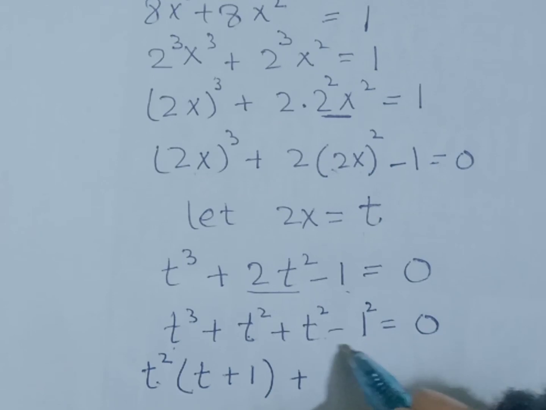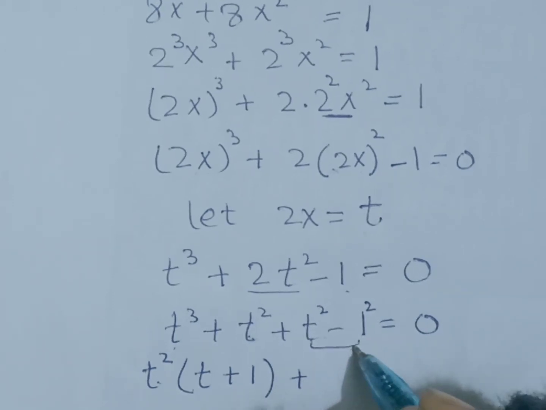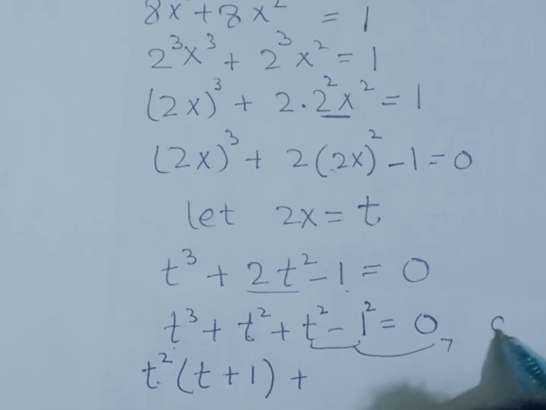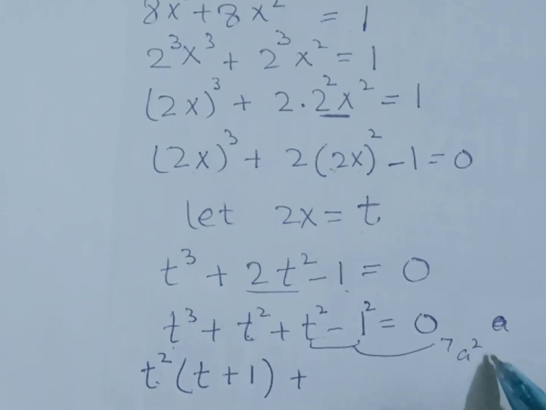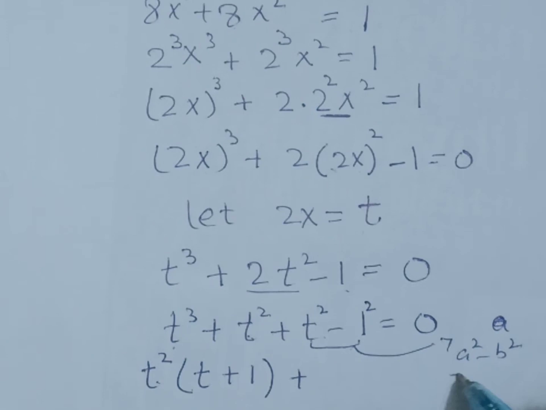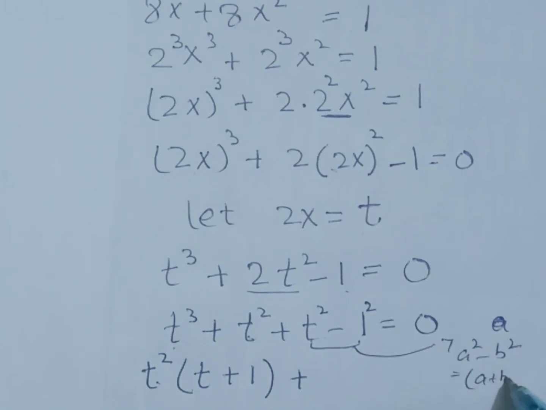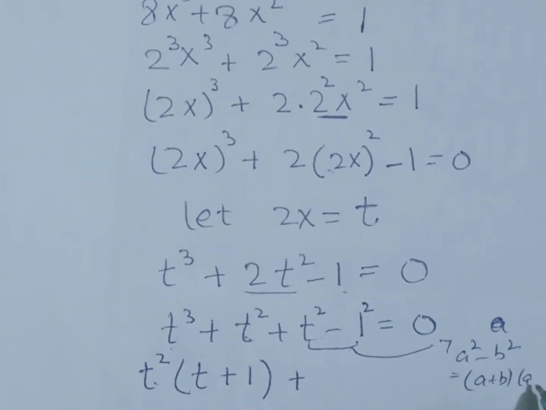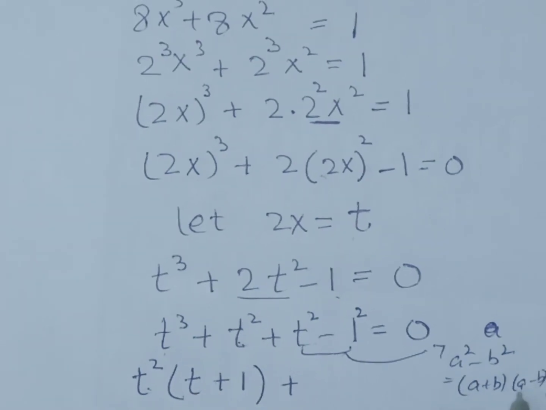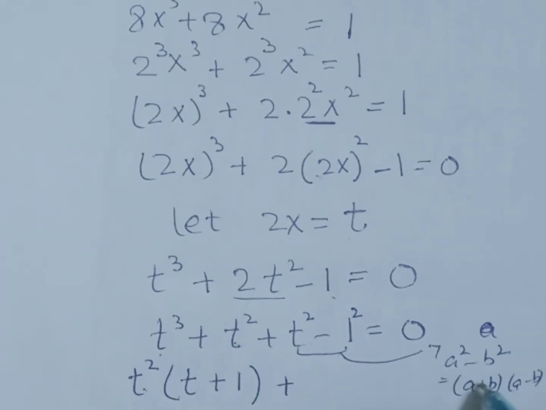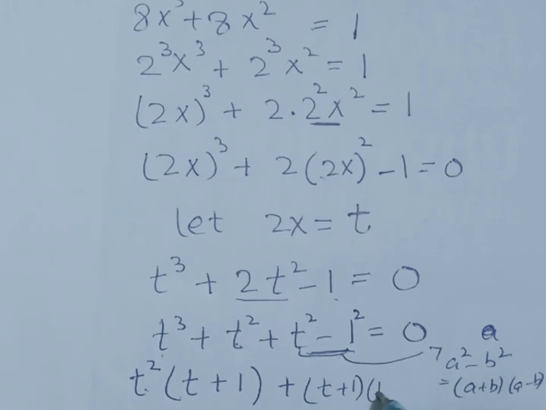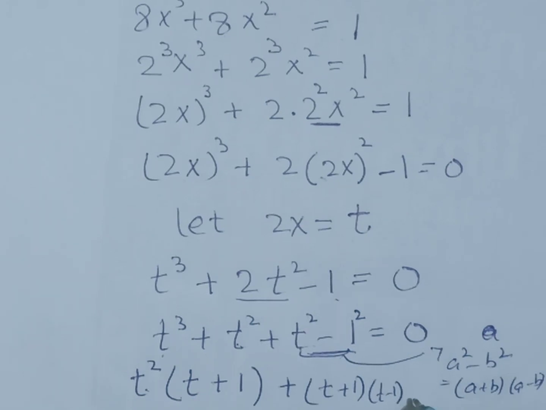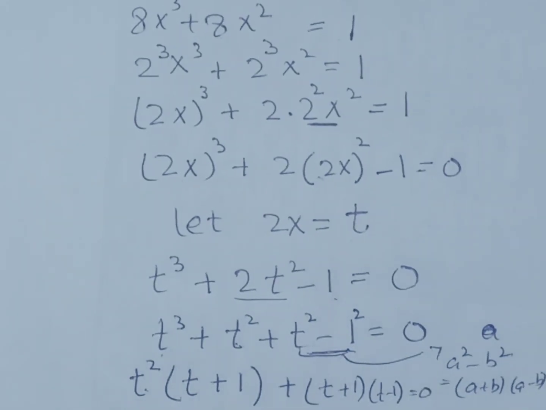So here we apply a formula. As you know, a square minus b square is equal to a plus b and a minus b. So we can write this value as t plus 1 and t minus 1 equal to 0.